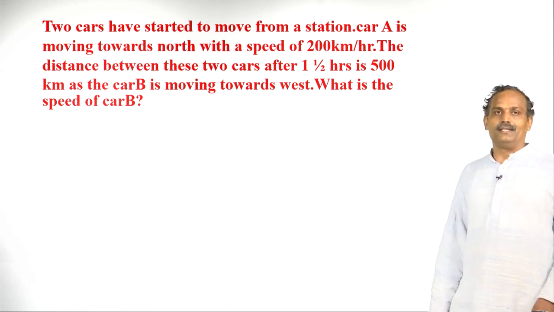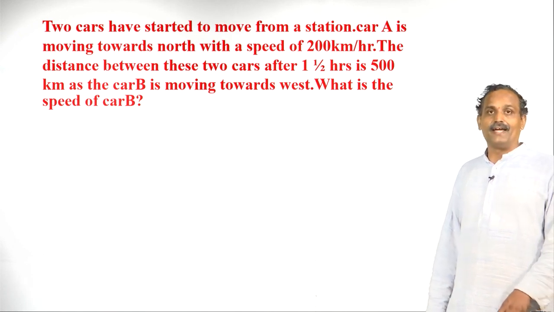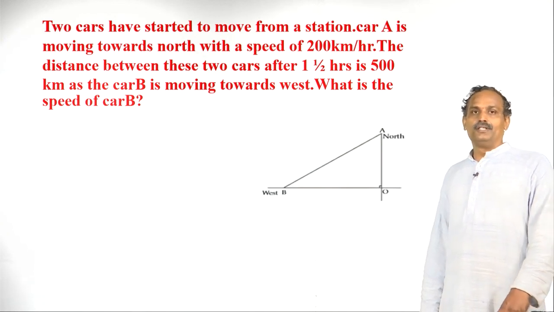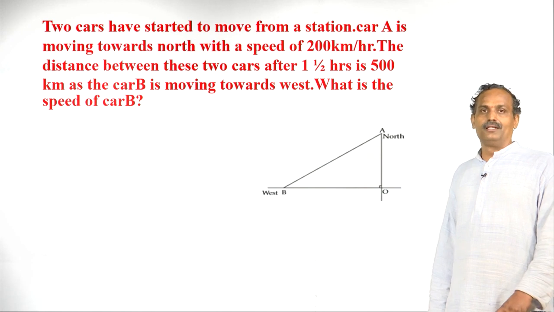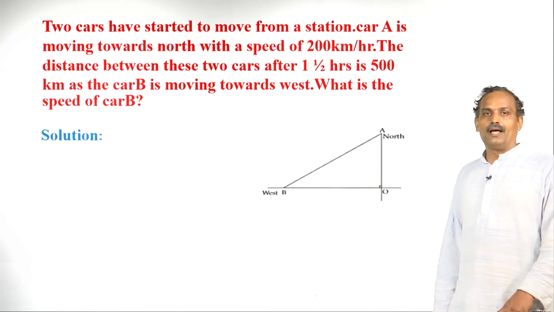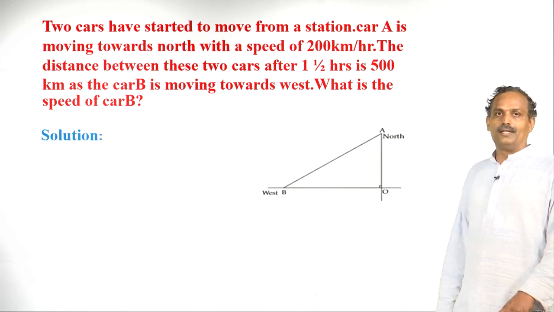So, we can easily draw the diagram. One is moving towards north and one is moving towards west. We can easily find that it forms a right angle triangle like this. So, AOB is a right angle triangle and AB is the hypotenuse and it makes 90 degrees at O. So, let us solve it.